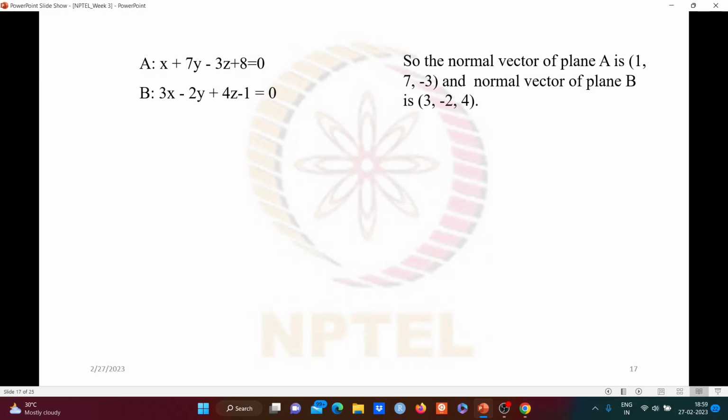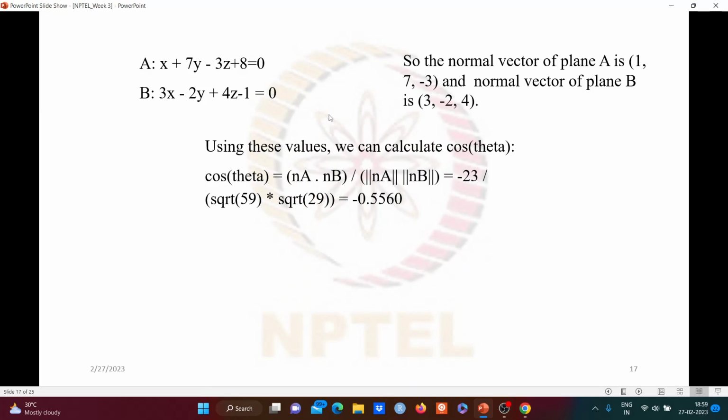Once we have the normal vectors, the next step is to find the dot product of the normal vectors. Dot product is nothing but the x value multiplied by the x value, plus the multiplication of the y values, plus the multiplication of the z values. So here we have 1 into 3 plus 7 into -2 plus -3 into 4, which is nothing but -23.